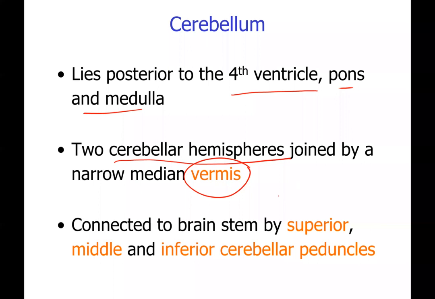And this I have already done. The cerebellum is connected to the brainstem through superior, middle and inferior cerebellar peduncles. Now you can go into the details. The superior cerebellar peduncle connects it to the midbrain, the middle cerebellar peduncle connects it to the pons, and the inferior cerebellar peduncle connects it to the medulla.